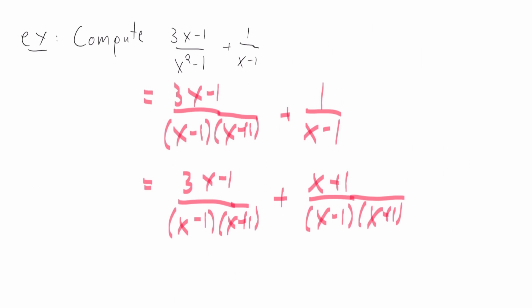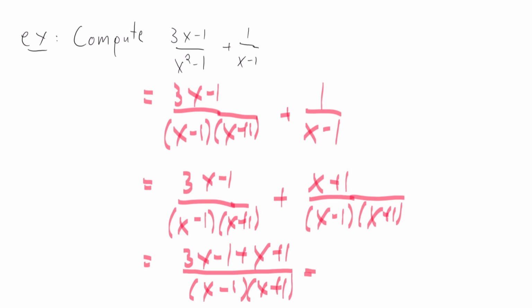Okay, now I have a common denominator, so I can add the fractions and get 3x minus 1 plus x plus 1 divided by x minus 1 times x plus 1. And I'll just clean up the numerator a little bit. I have now 4x, and then the minus 1 and the 1 cancel.